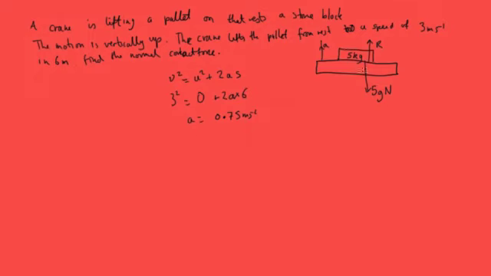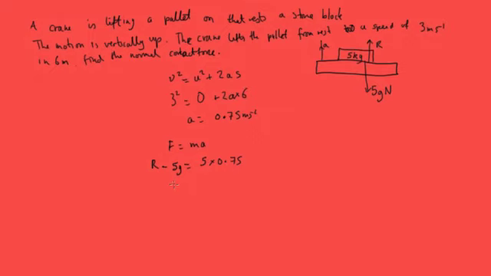Now, let's think about the forces acting on this block. F equals ma. We have the reaction force R, which is acting in the same direction as the acceleration, but then the weight's pulling down, so it's going to be minus 5g, and that equals the mass, which is 5, times the acceleration, which we know is 0.75.